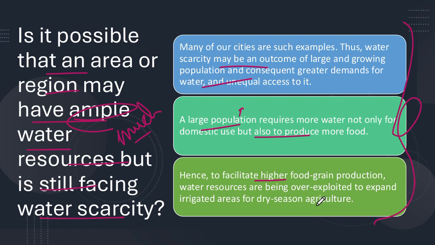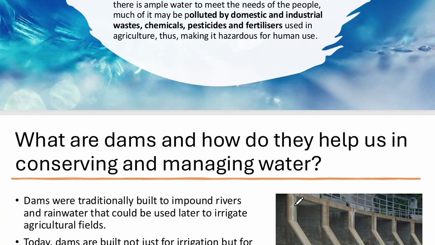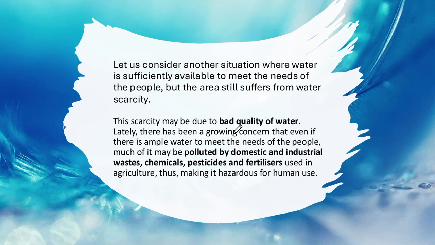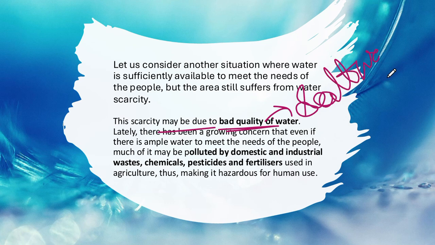For agriculture also we need water. We don't need this slide, children. This is about scarcity, which is also about the bad quality of water. For example, beach water is salt water, which is not good for health.